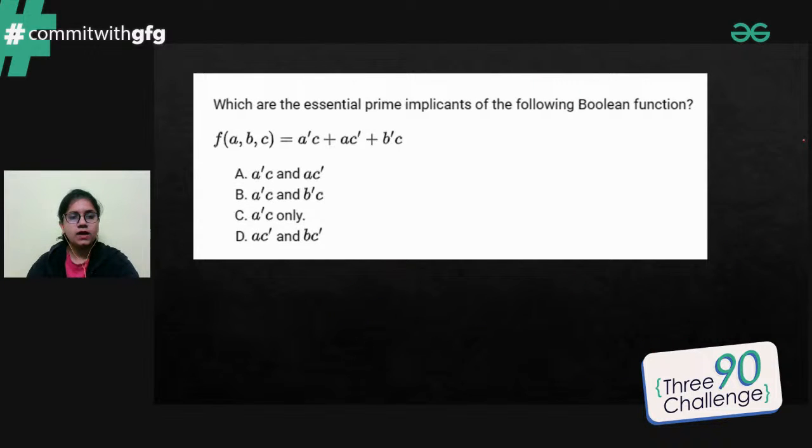Okay, now let's see the essential prime implicants of the Boolean function. The function given here is F(A,B,C), and the equation given is A bar C plus A C bar plus B bar C, and various options are given to us. To find the prime implicants, first we have to make the K map.